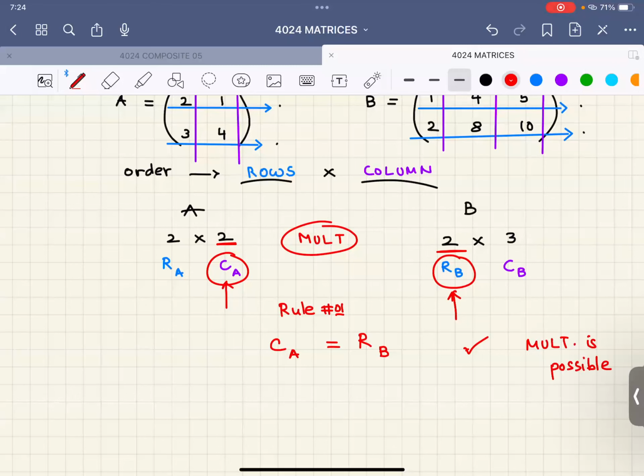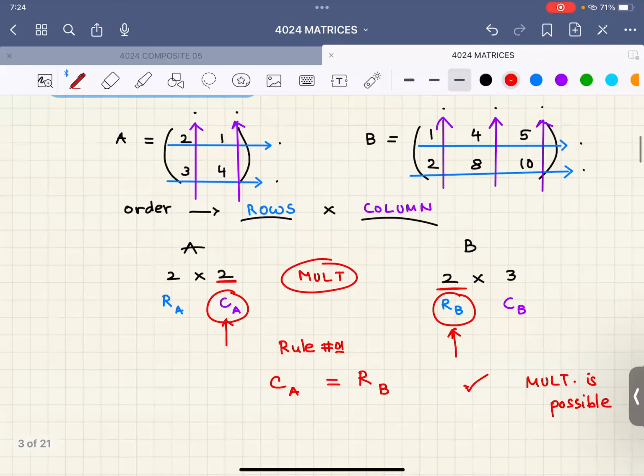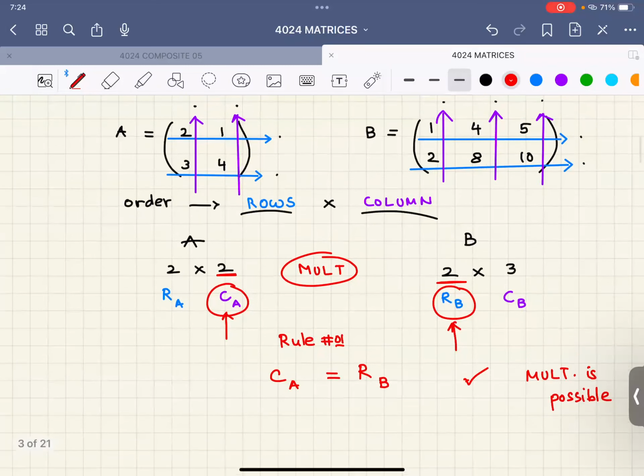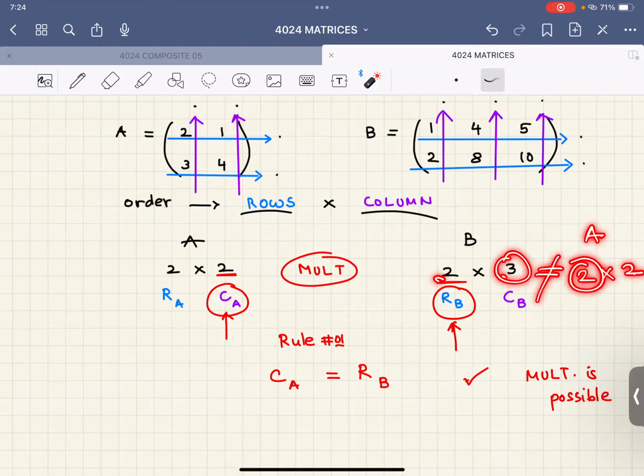Now, let me think for a second. What if I'm interested in multiplying B and then A? B is 2 by 3, and A is 2 by 2. So these two are unequal, so multiplication would not have been possible.